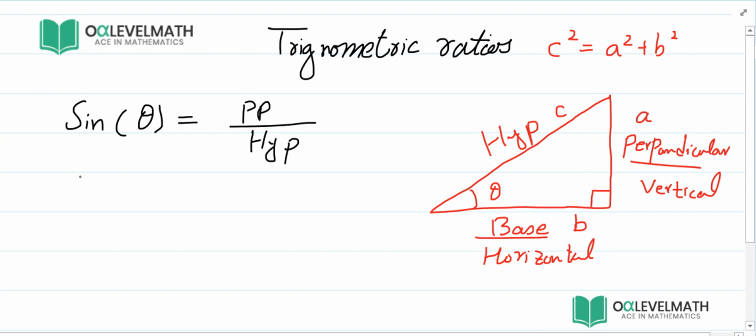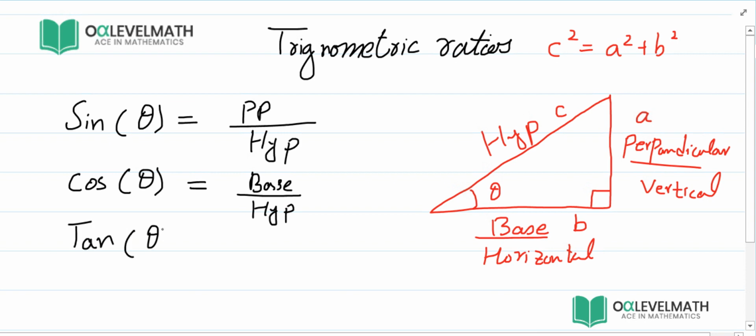The second ratio, cos theta, is defined as base over the hypotenuse. The third ratio, tangent theta, is defined as perpendicular over the base.